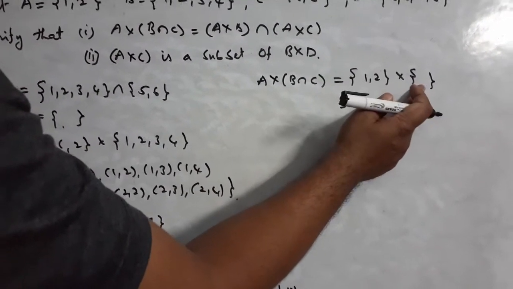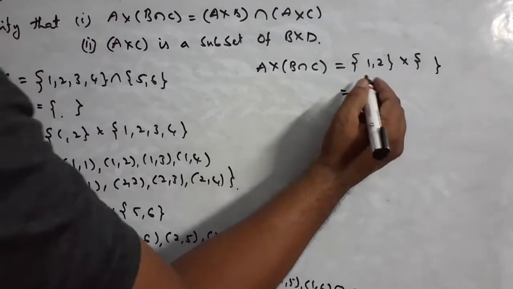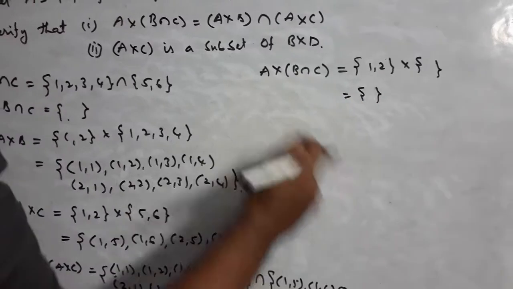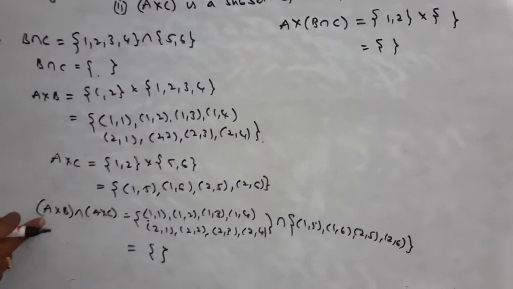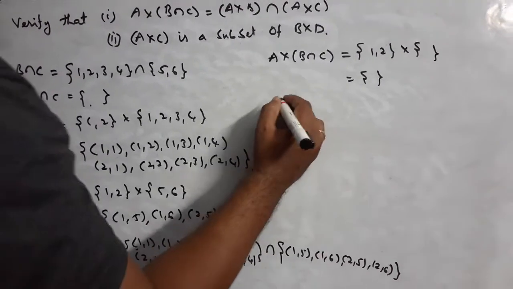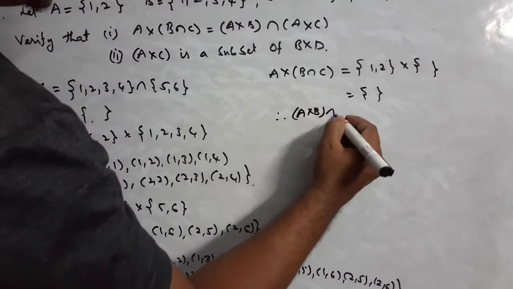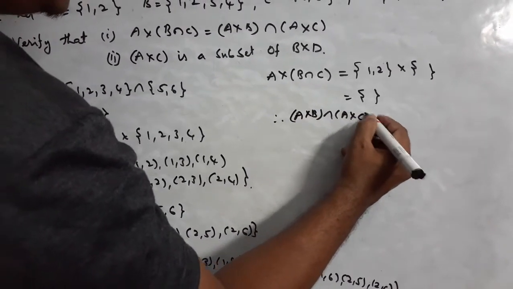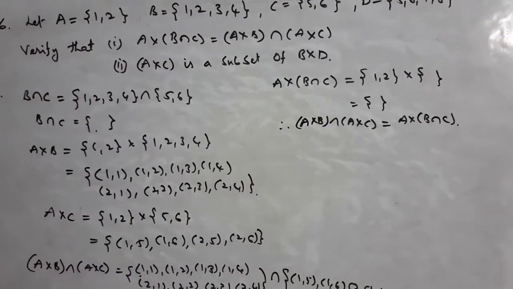Here the second set does not have any element, so we cannot form an ordered pair, so it is also the empty set. Here A cross (B intersection C) is an empty set. Therefore (A cross B) intersection (A cross C) is equal to A cross (B intersection C).